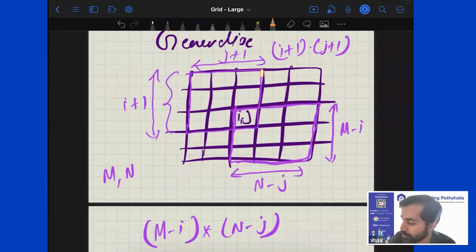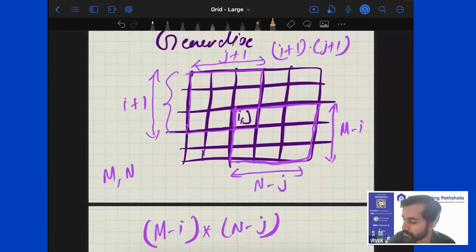So now you just have to find out how many cells are there in this. That's a very simple question, because if this is i comma j, this rectangle will have dimension i plus 1 into j plus 1. Why plus 1? Because indexing is from 0, not from 1, right? So the number of cells in this part is this. And with the same logic, the number of cells in this part is m minus i into n minus j, where m is the number of rows and n is the number of columns.